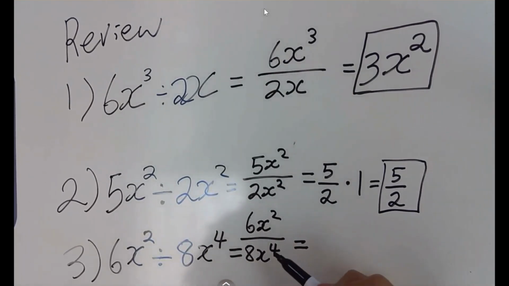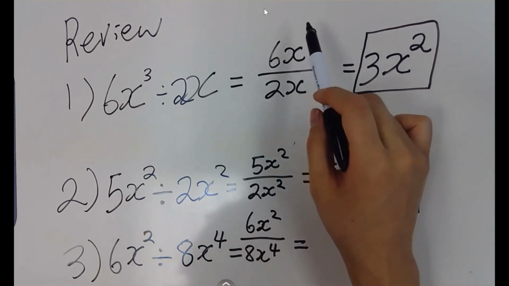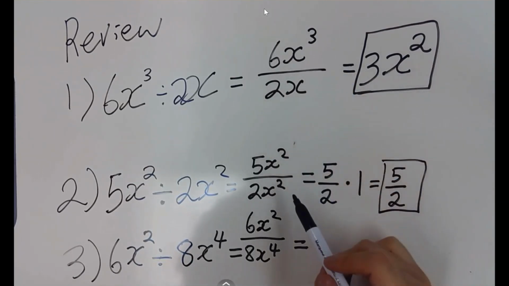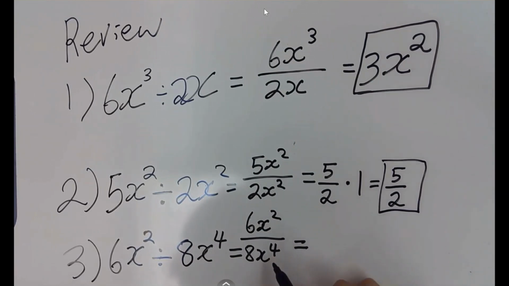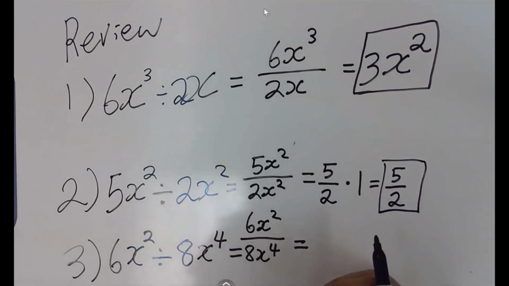One thing that is different about this question is that in previous examples, the exponent on the top was always either bigger or the same. But for this one, the exponent on the bottom term is bigger. So in those cases, we do something similar, but the location of the x is going to be different.